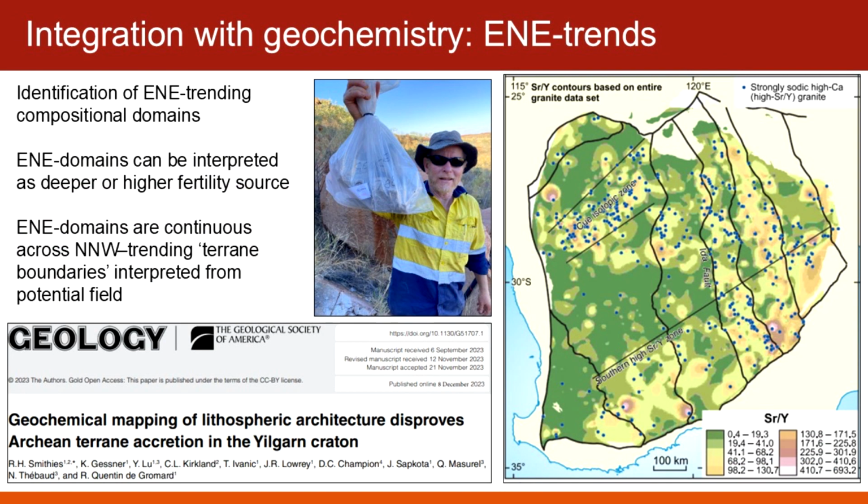Okay, some of you might be familiar with the east-northeast trends that we've worked on a while ago, coming from geochemical data sets. Basically it starts with Hugh getting his fingers hurt by sampling granites in the field, as shown here.